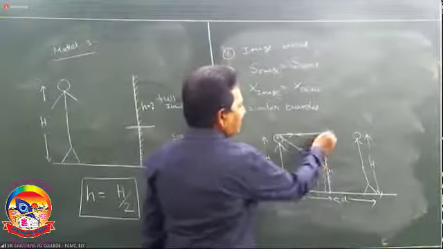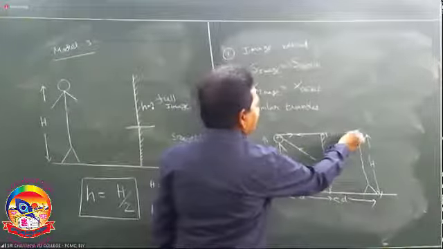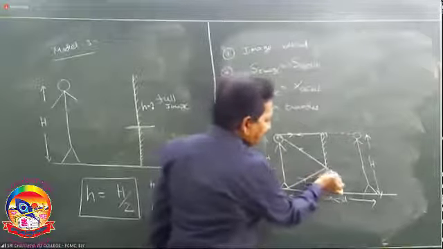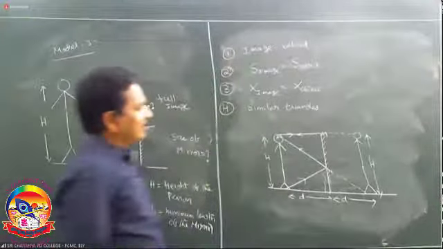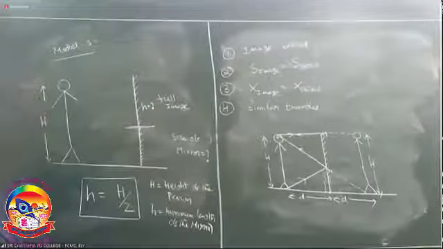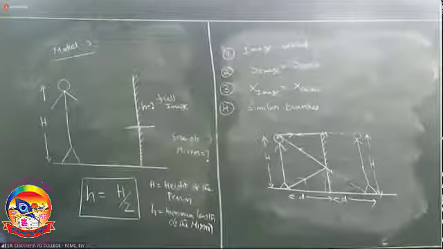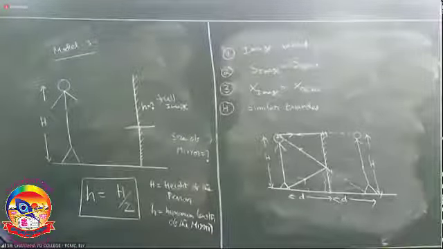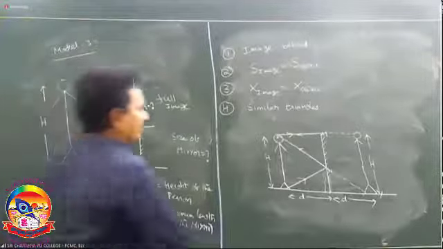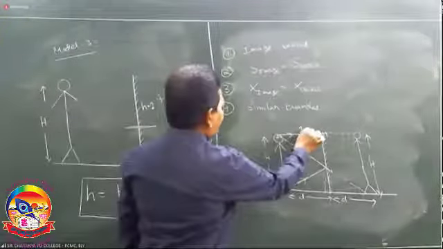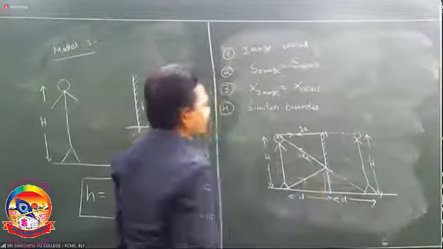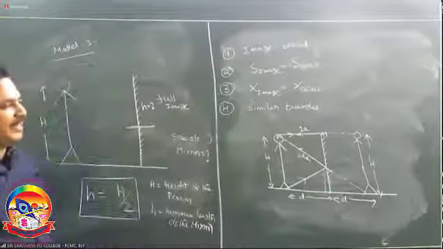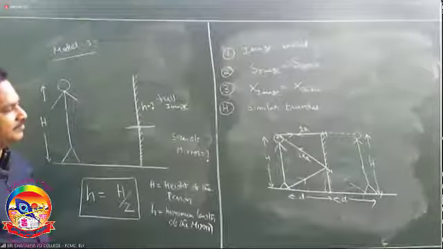Extend this light ray. Extend this light ray. Over. So, real image or virtual image? Virtual image. Why virtual image? Because of divergent rays. This is the first reflected ray, and this is the second reflected ray.